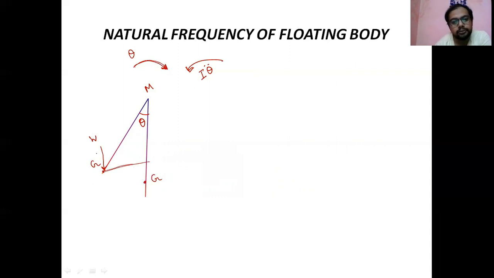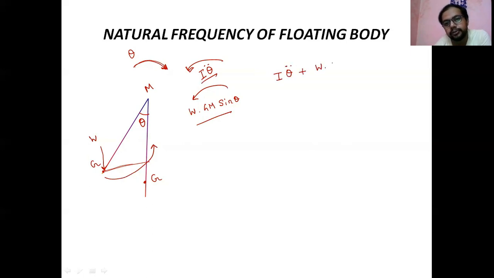Because of the W force, it is acting as W into GM in this direction, because it will create rotation in this direction, anti-clockwise. So from D'Alembert's rule, the sum is equal to 0.